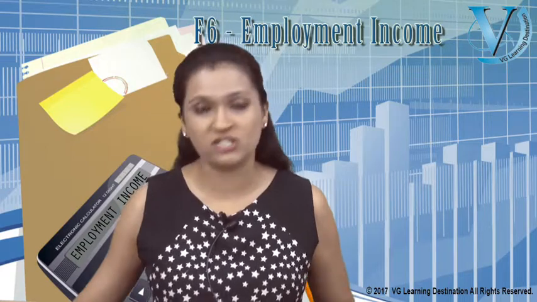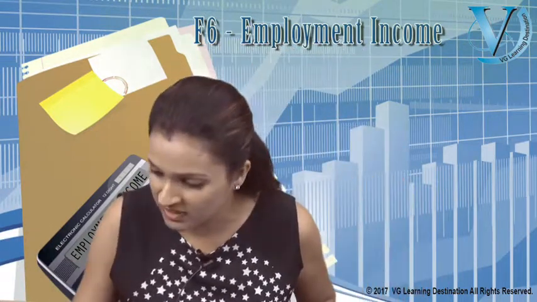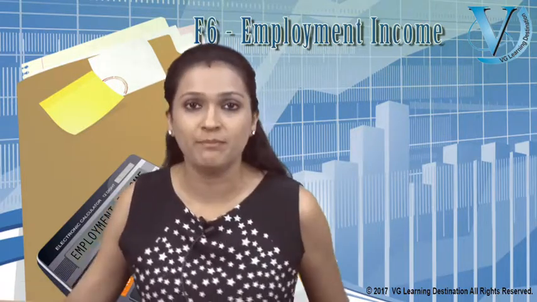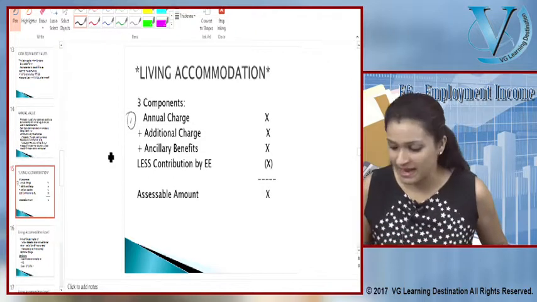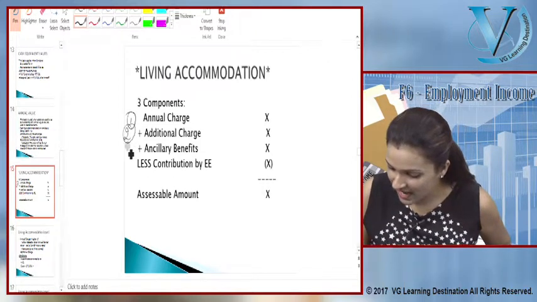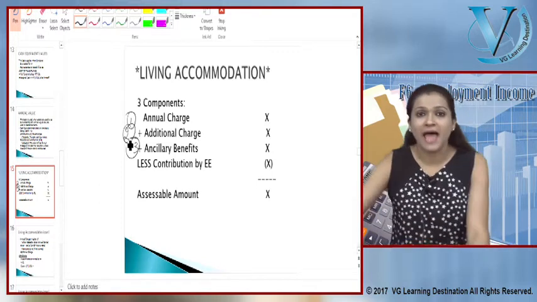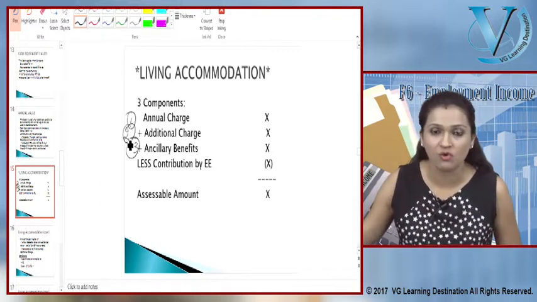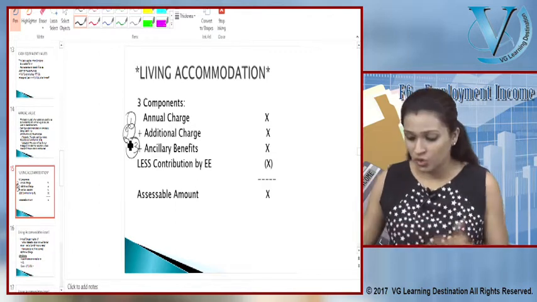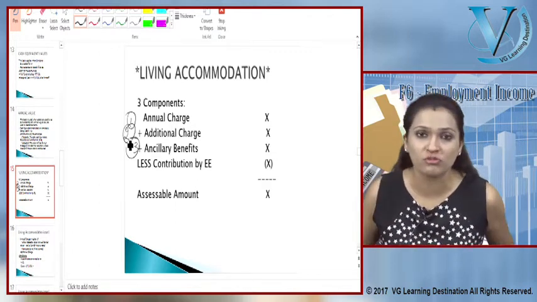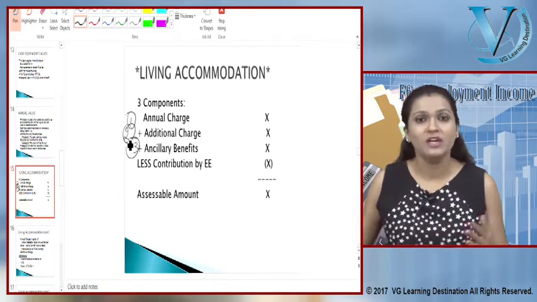This living accommodation, to start off with, has got 3 components. The 3 components, first being the annual charge, followed by the additional charge, and thereafter ancillary benefits. Having added all these 3 charges, you reduce the employee's contribution towards this accommodation that he himself has already contributed.